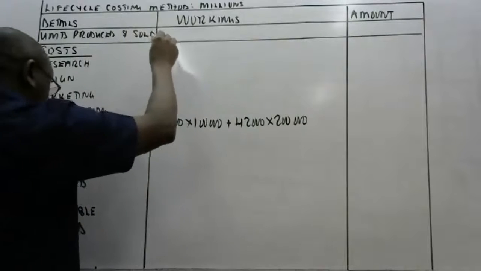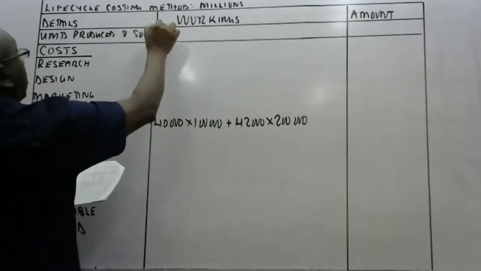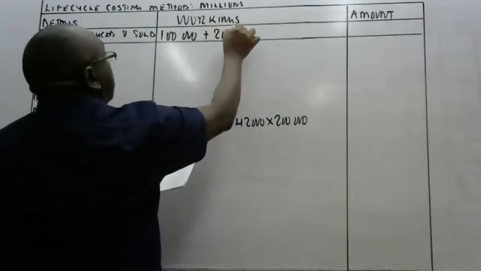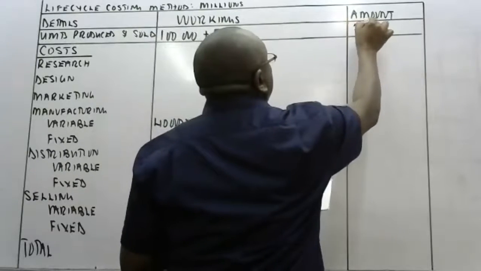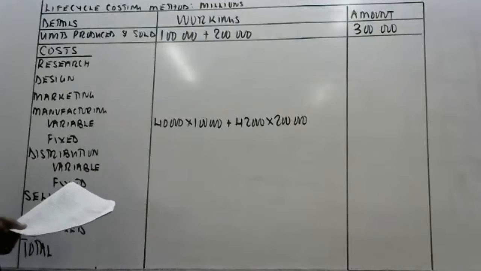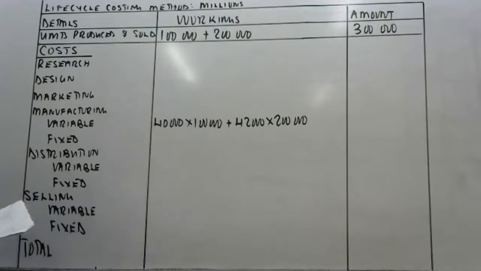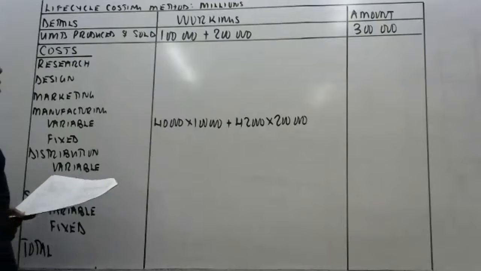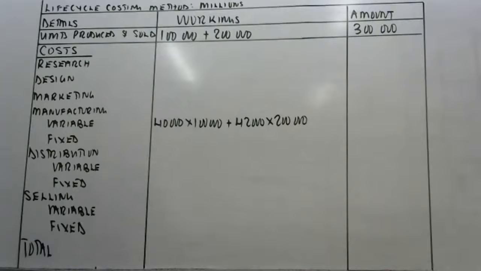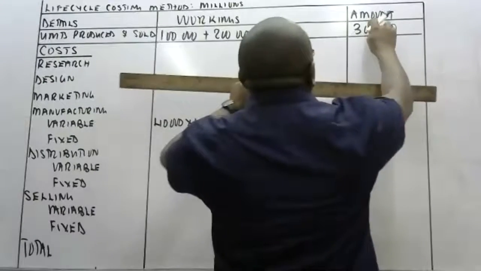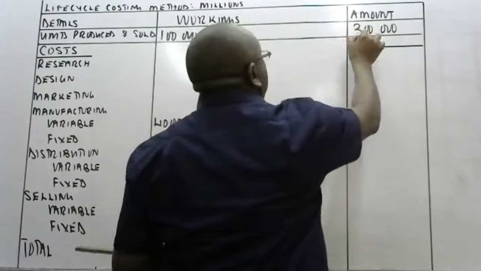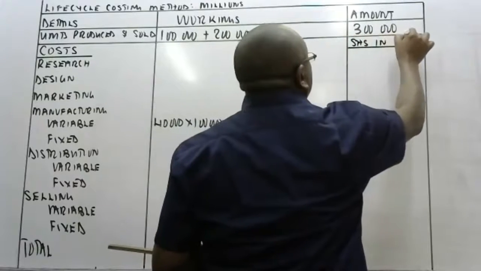So with that now, I can come back here and say, for the units produced, I have 100,000. I will add the 200,000, and that will give me 300,000. Those are units. Now for research, maybe I can still come back here and confirm that this one is shillings in millions.